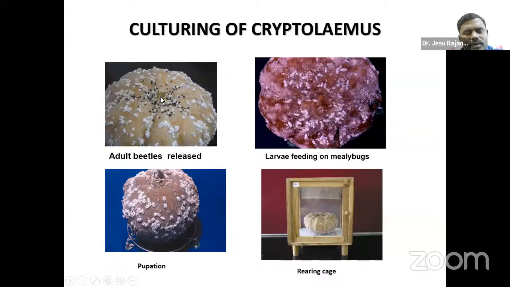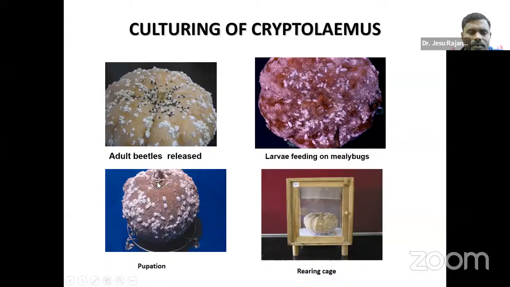Within 4 or 5 days is enough, or 3 days is more than enough. After that, just collect all the Cryptolaemus adults, then release them into the next chamber, the next infested mealybug pumpkin. The eggs will hatch within 20 to 25 days on the whole pumpkin wherever the mealybug is infested.